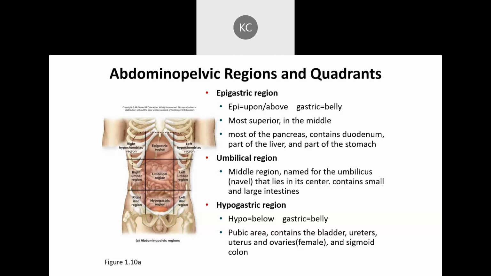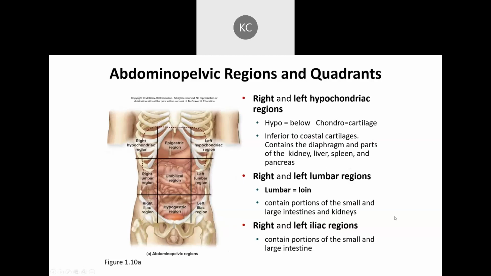Okay, and then if I can go to the next slide here, we have hypochondriac regions, lumbar, and iliac regions. Okay, so the term hypochondriac, we already know the term hypo means below, right, from hypogastric. Chondro, and we'll use this term a lot in this course when we get to histology, when we get to the skeletal system and in lab. The term chondro means cartilage.